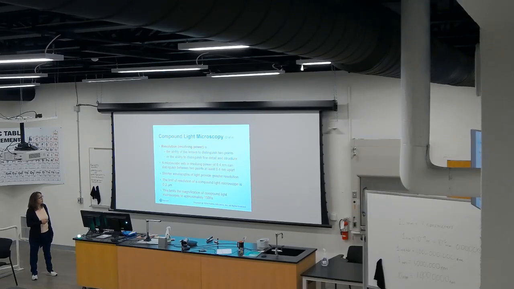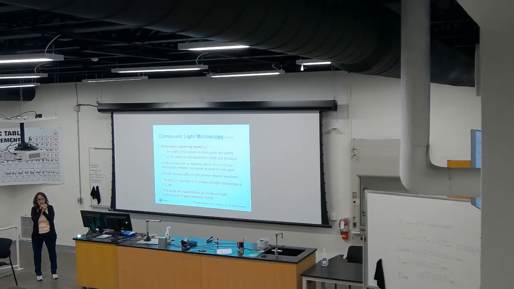So resolving power is properly defined as the ability of the lenses to distinguish between 2 points, and it can be measured in nanometers. So for instance, a microscope with a resolving power of 0.4 nanometers means that it's able to see the distance between 2 objects of 0.04.